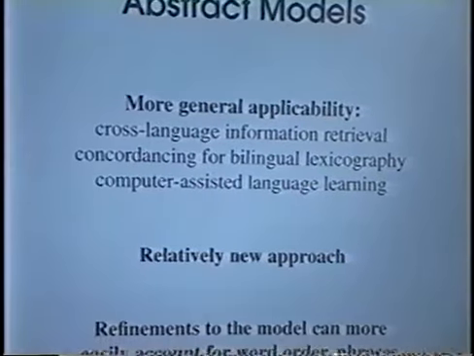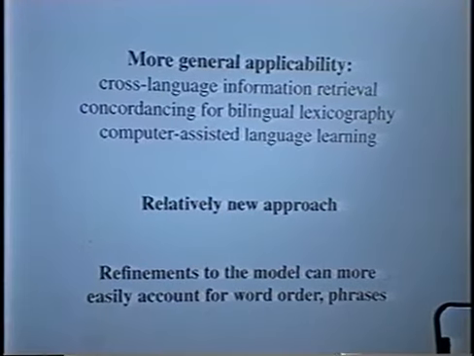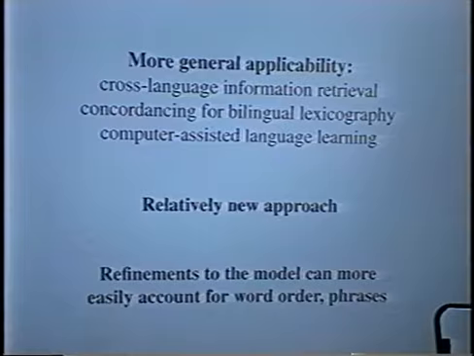They are at a higher level than IBM models, a more abstract level, and so because of this, they have more general applicability for other domains such as cross-language information retrieval, concordancing, bilingual lexicography, and also computer-assisted language learning. It's also a relatively new approach.